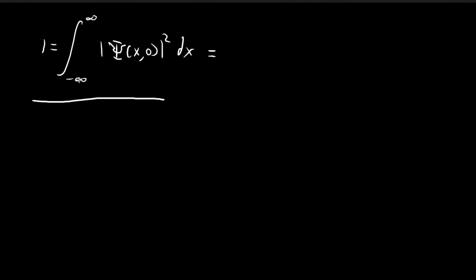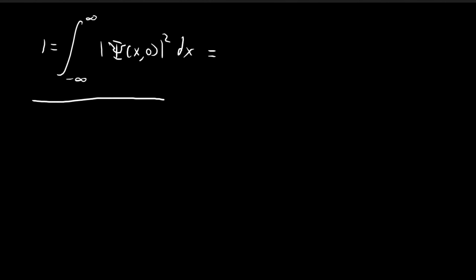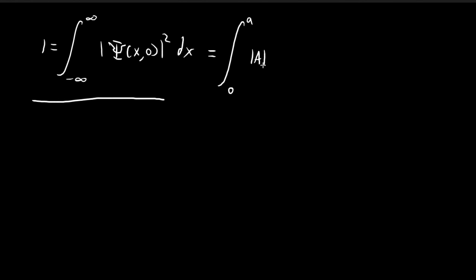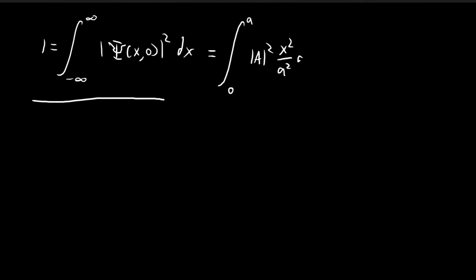So the integral goes from negative infinity to infinity, and you can see that from negative infinity to 0, it's just going to be equal to 0 because it does not lie within these two regions. And then from 0 to a, it is going to be equal to this expression. So we get the absolute value of A squared, x squared divided by a squared dx.